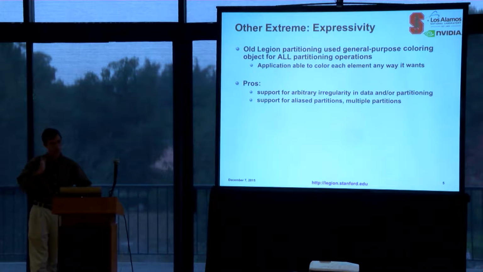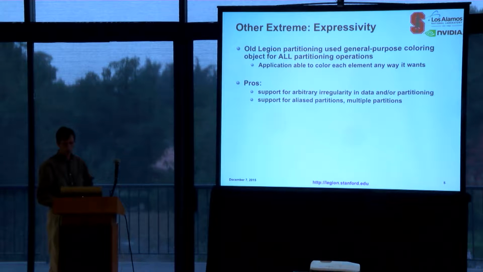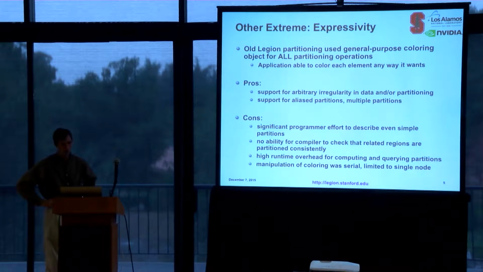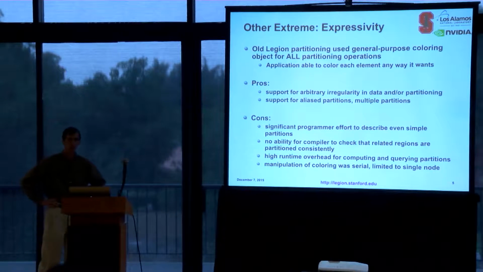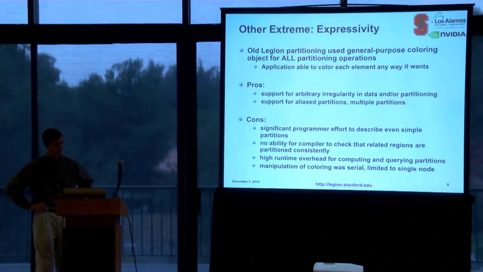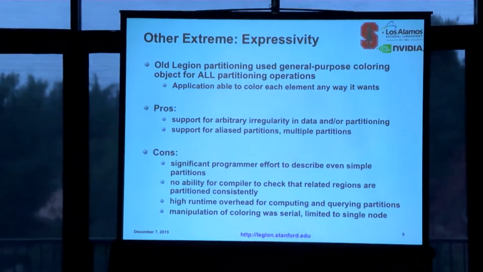So we've chosen to veer on the side of expressivity. And as you might guess, we intentionally chose to pay the price in terms of efficiency in the short term. And these prices actually show up in a number of different ways. As some folks in the room will happily attest to, there is significant programmer effort to describe even fairly simple partitions in the old setup.